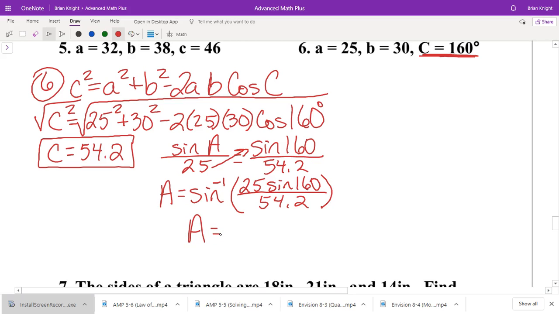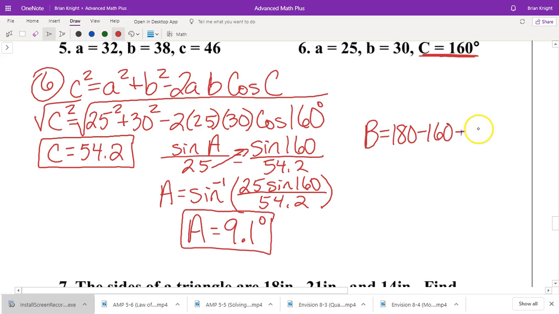That should give you 9.1 degrees. And then to get angle B, now that I have angle A and angle C, I can just subtract. So B is 180 minus 160 minus A, which was 9.1.